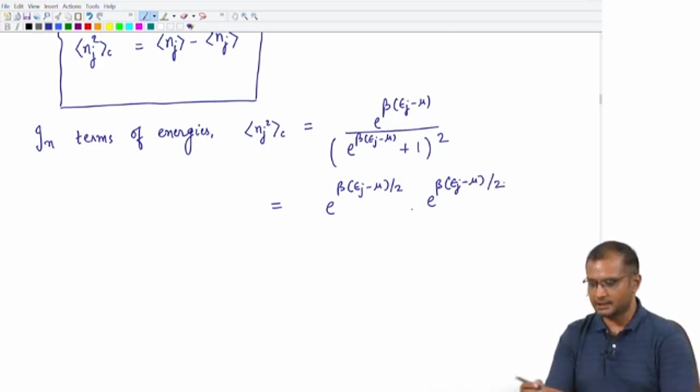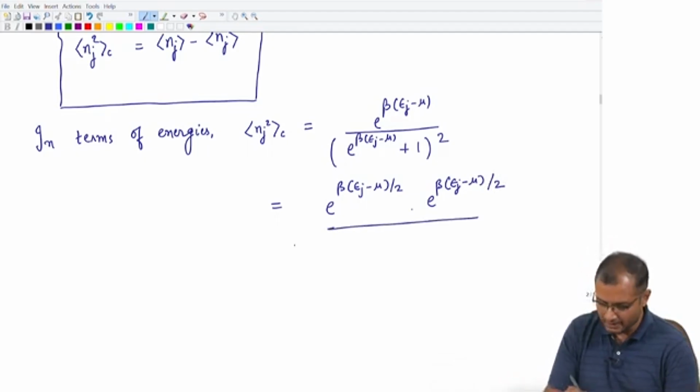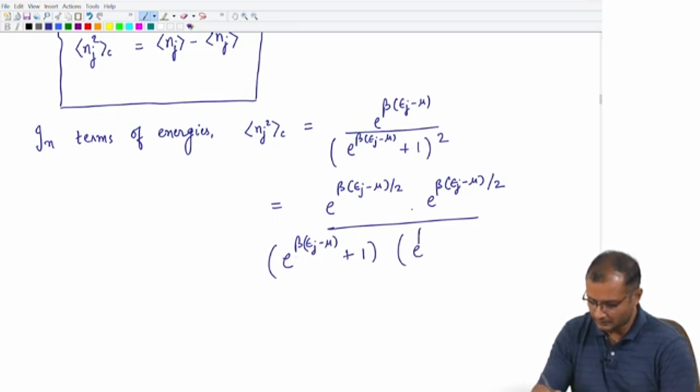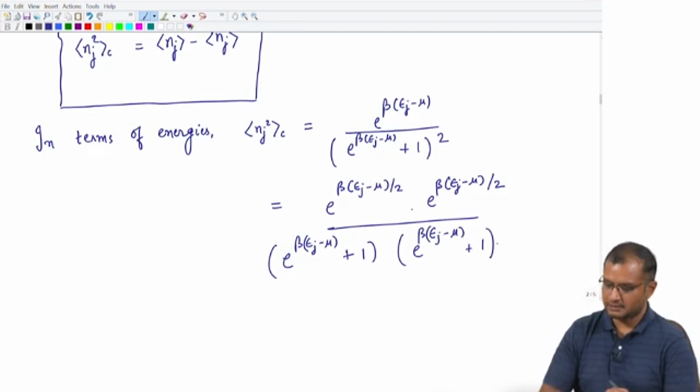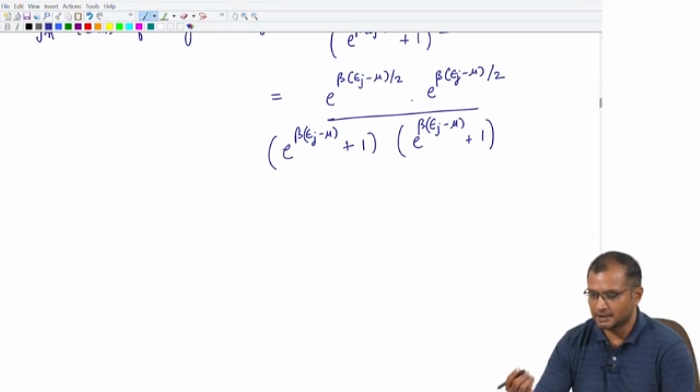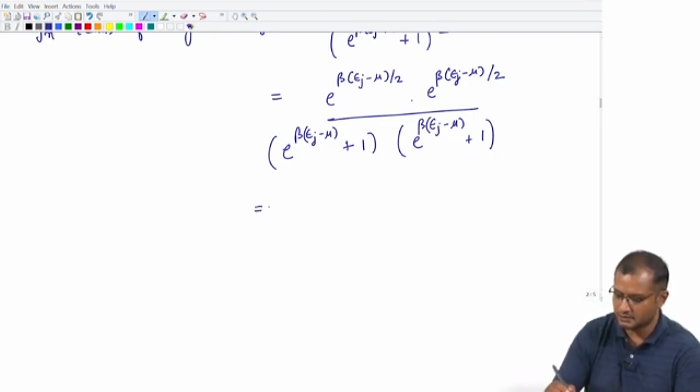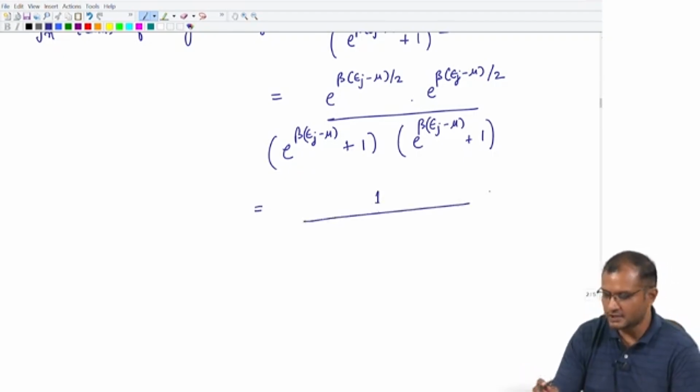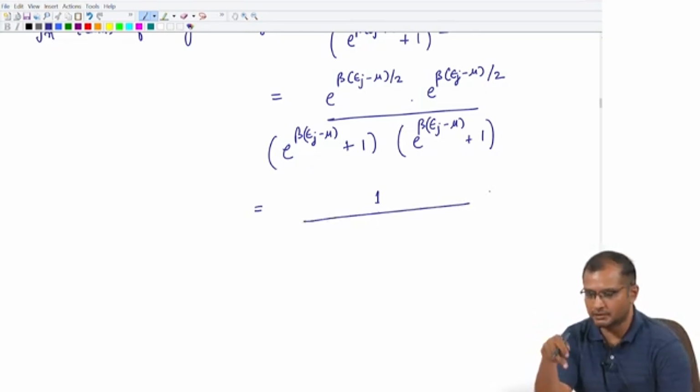I am writing the numerator like that, and I am writing the denominator by just writing down the square as a product of two factors. And now just multiply by the inverse of the numerator. So, I will get a 1 there, and each of the numerator factors you divide into one of the factors in the denominator.